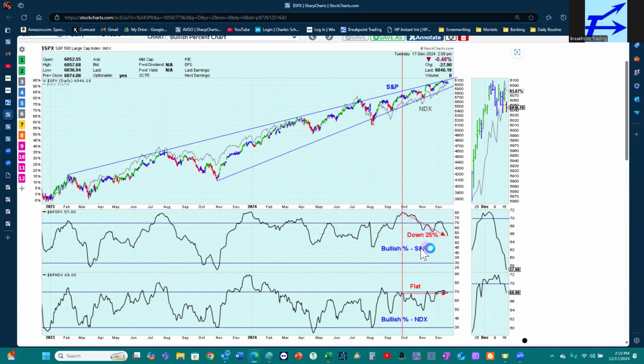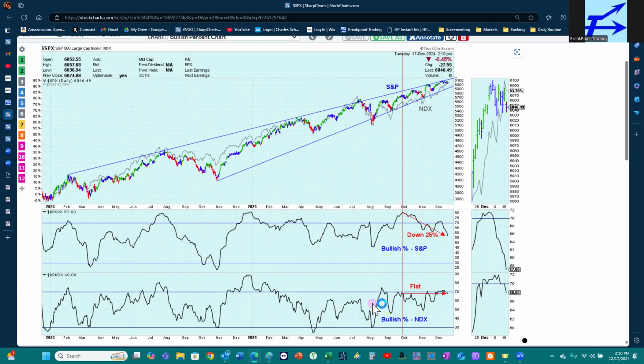So what you can see is the percentage of bullish stocks in the S&P is down 25% since October. However, the percentage of bullish stocks in the NASDAQ 100 is pretty much flat. So again, this just confirms what I was saying before, that the market is being held up by those Magnificent Eight, those big tech names, other than NVIDIA, of course. But all the rest of them continue to go higher, and they're holding the market up.